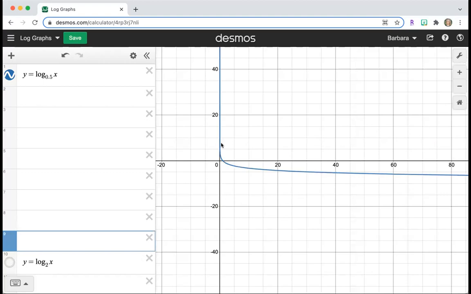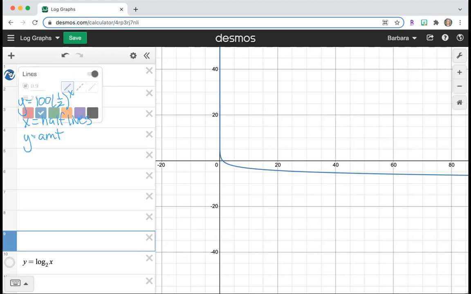So here, let's remind ourselves when we had y equals 100 times 1/2 to the x, our x was the number of half-lives and our y was our amount. Now, when we're talking about our logarithms though, our x, and I'll change these colors, let's make this red, so we don't confuse them.